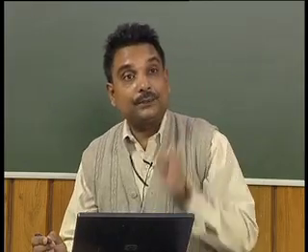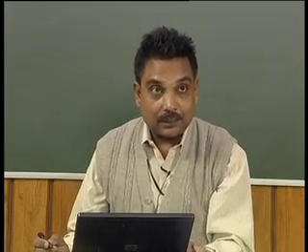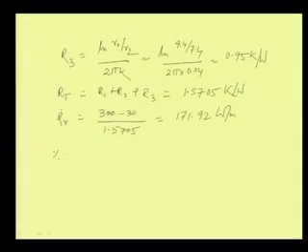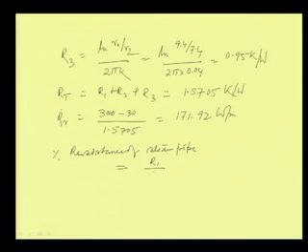One interesting point I should tell here: of the resistances we have calculated, if you see the percentage resistance of the steam pipe wall, due to the thickness of the steam pipe, this value is R 1 by R T into 100, and if you do the calculations, you will find that it happens to be very small, around 0.03 percentage.